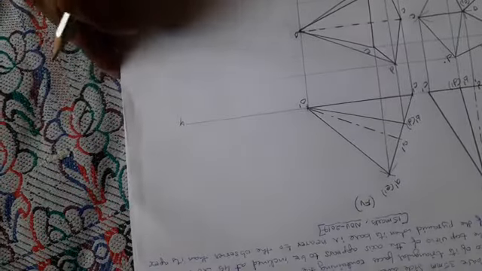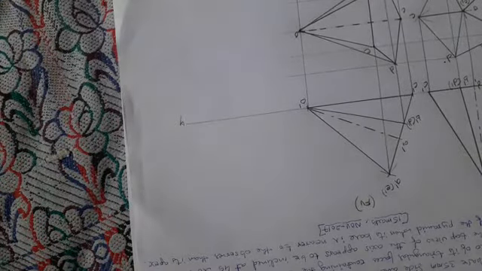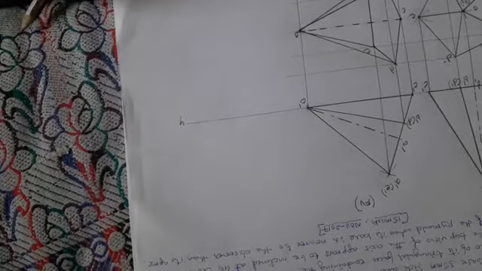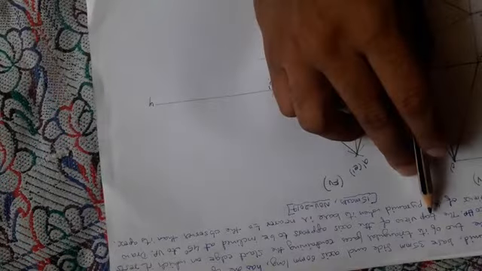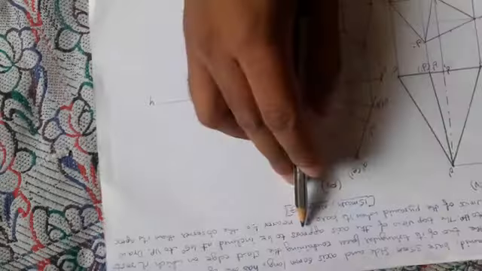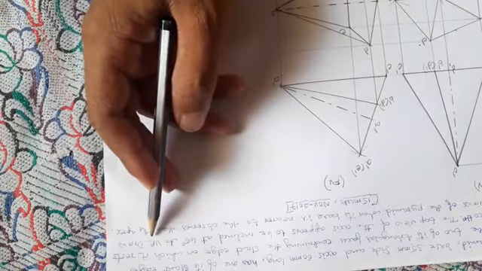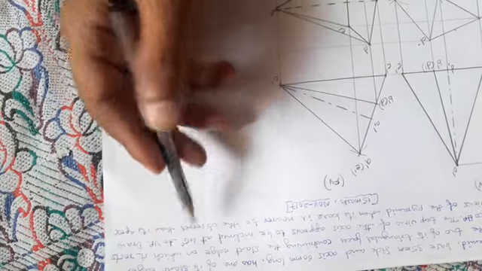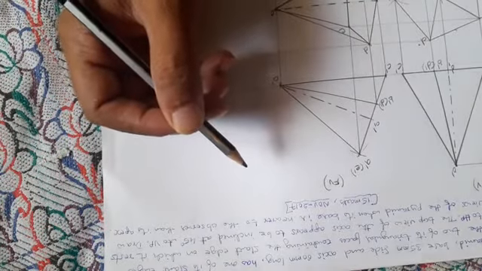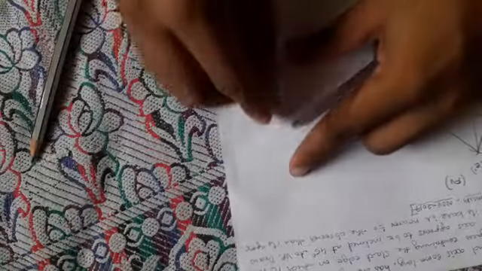And the next procedure is required to draw the third stage position of the pentagonal pyramid. Okay, and next, what is the procedure? The top view of the axis appears to be inclined at 45 degree to VP. Okay, so here I am going to extend this line.